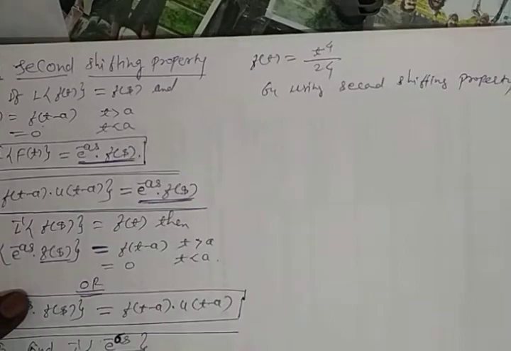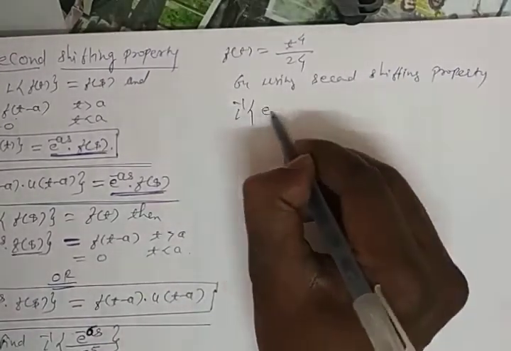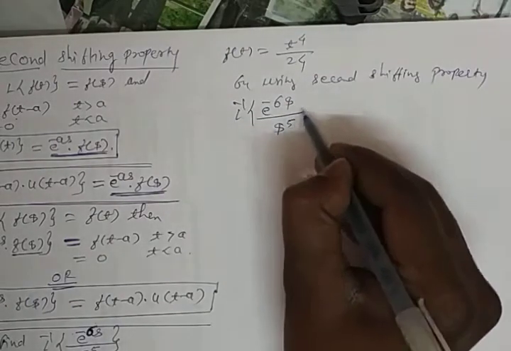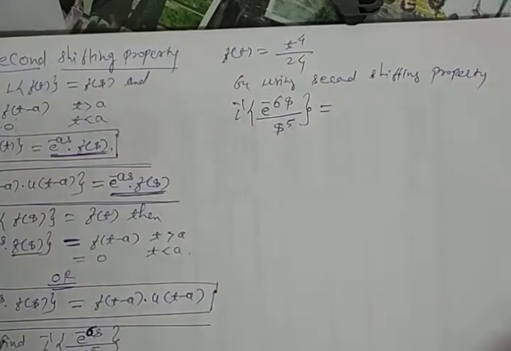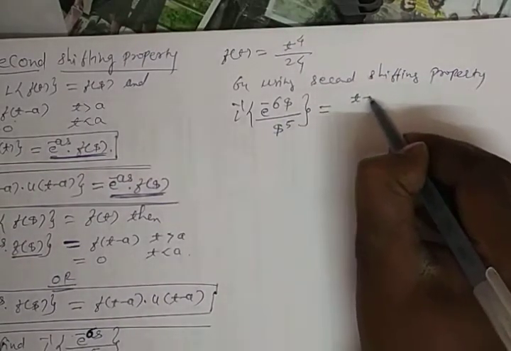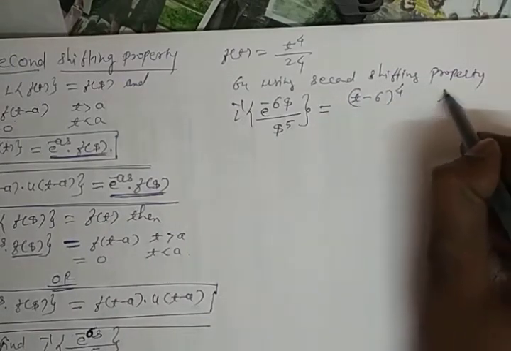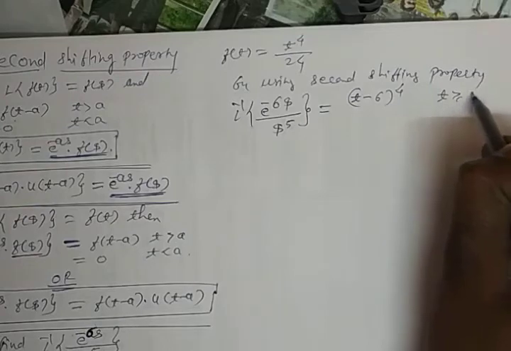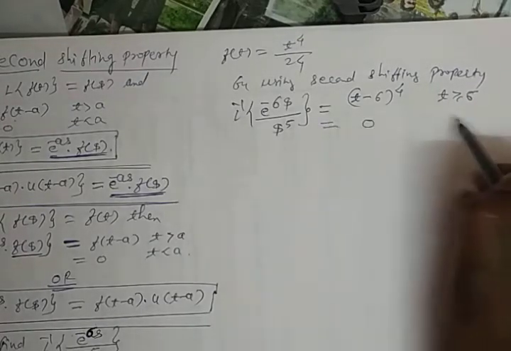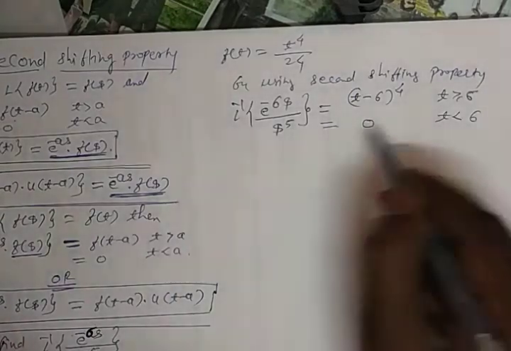By using second shifting property, we can write this as Laplace inverse of e raised to minus 6s upon s raised to 5. This can be written in the two forms, that is t minus 6 raised to 4 upon 24 for t is greater than or equal to 6, and that is equal to 0 for t is less than 6. This is one way, this is one answer.